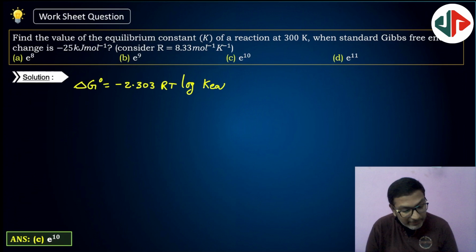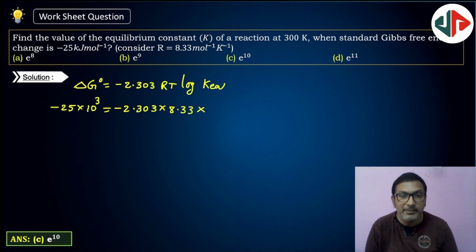Delta G naught is given minus 25 kilojoules. Kilo means 10 cube. Equal to minus 2.303 into R value 8.33 into temperature is given as 300 into log K equilibrium.